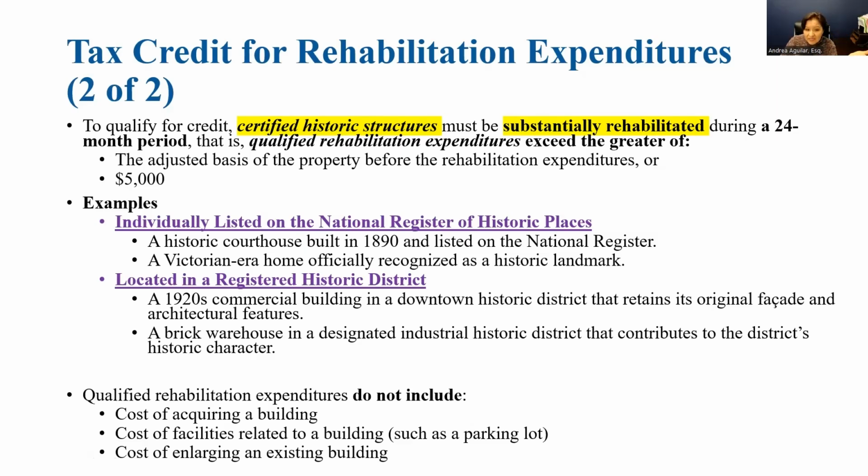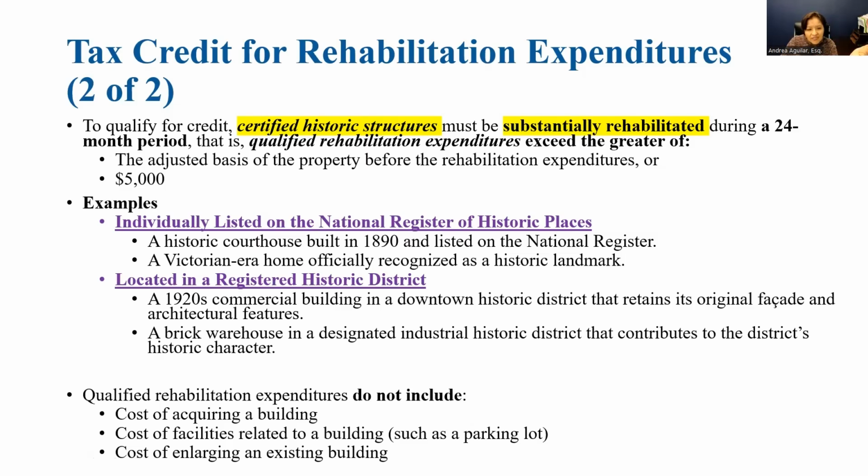So examples of these certified historic structures, they could be individually listed on the National Register of Historic Places. For example, a historic courthouse built in 1890 and listed on the National Register, a Victorian era home officially recognized as a historic landmark, or maybe structures that are located in a registered historic district.